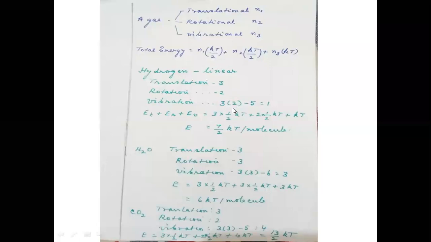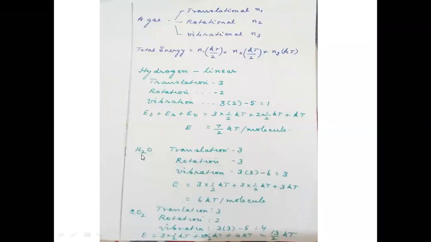Total number of atoms is 2, so 3 into 2 is 6, and 6 minus (3 plus 2) is 1. So there is 1 vibration. The energy of translation is 3 into half kT, of rotation 2 into half kT, and there is only one vibration, so kT. So the total energy is 7/2 kT per molecule.